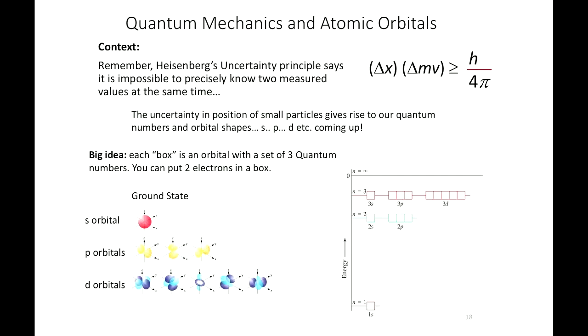Okay, so now with all of the theory behind us, electrons are hard to locate. This is where these orbital shapes come from. When I say s orbital, p orbital, d orbital, those orbital shapes are probability maps of finding an electron so we don't violate Heisenberg's uncertainty principle.